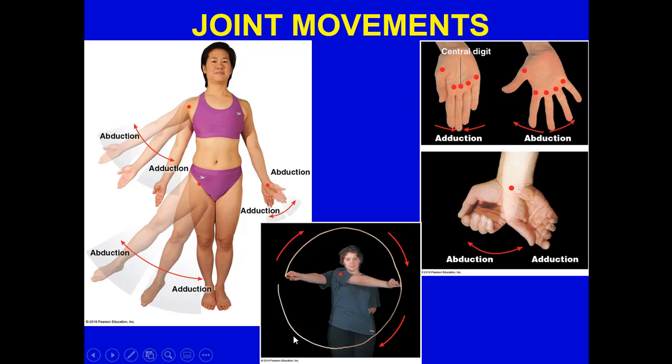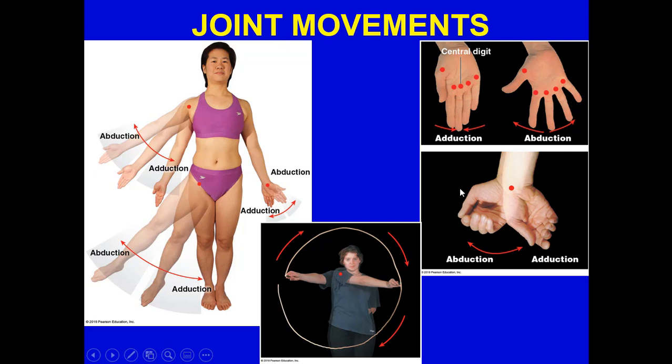Now, this is circumduction. At the shoulder, it does not move, but what you do is this big, long, circular movement here. And what do you see? A circular movement by the rest of this part of the body, but the central part doesn't move. Let's do this also with the wrist.